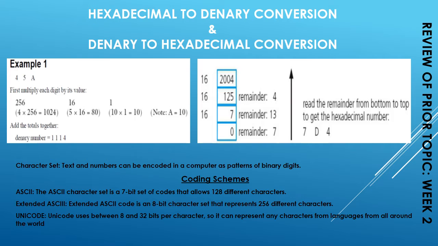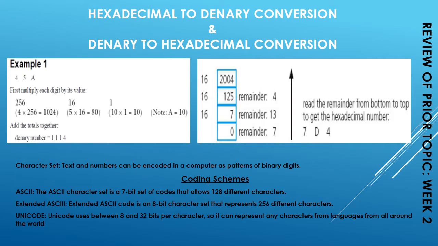After that, we discussed character sets. Text and numbers can be encoded in a computer as patterns of binary digits. So that can be anything, text, number, or any special character. We discussed coding schemes: ASCII, extended ASCII, and Unicode. The ASCII character set is a 7-bit set of codes that allows 128 different characters.